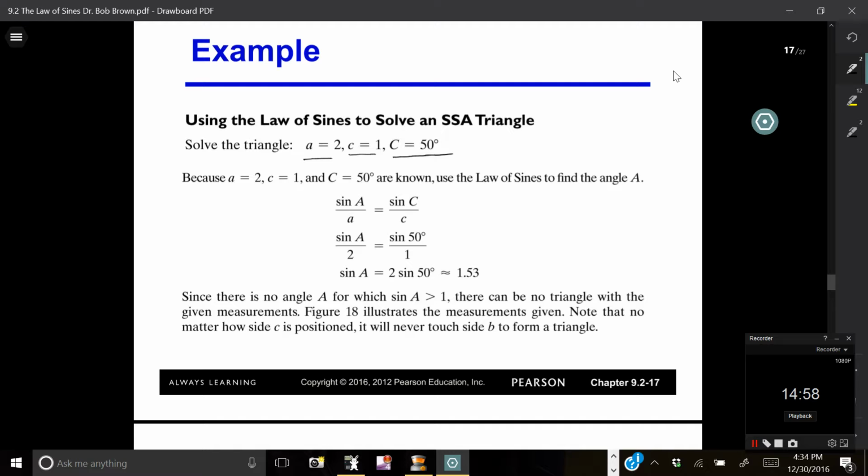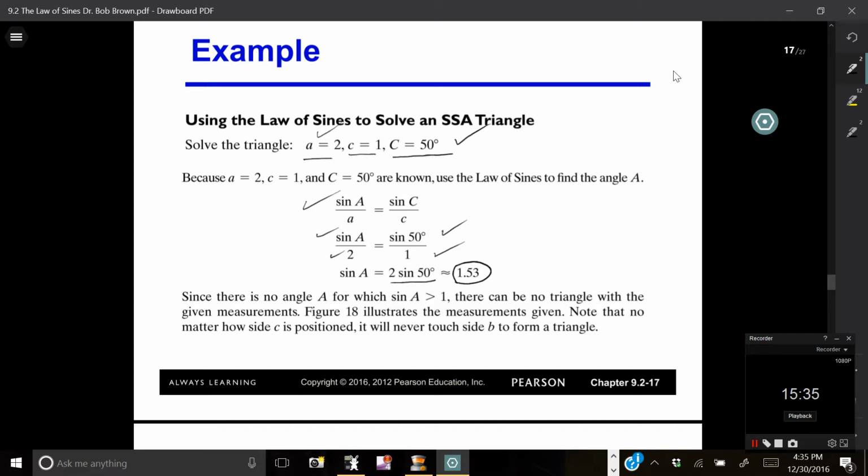Now, we can use the law of sines, and notice since we have information about C and one piece of information about A, we can write down sine of A over A equals sine of C over C, and get that sine of A divided by A, which is 2, equals sine of 50 degrees divided by C, which is 1. So sine of A equals 2 sine of 50 degrees, which is 1.53.